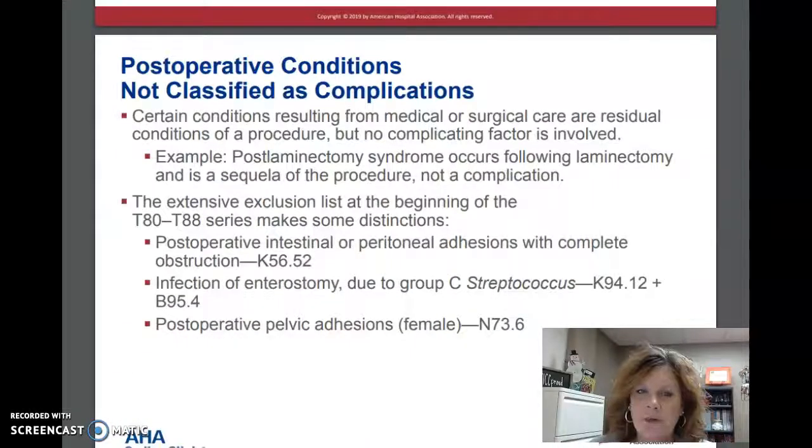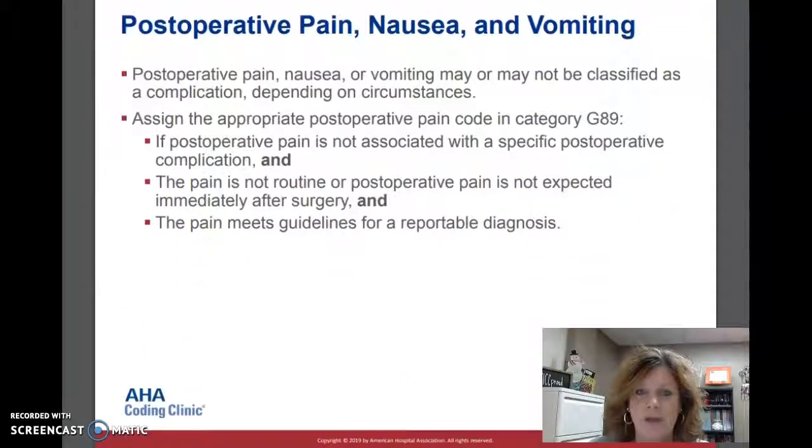Okay, so we also have postoperative conditions that are not classified as complications. These would be a post-laminectomy syndrome that occurs following a laminectomy. It is a sequela of the procedure, not a complication. So again, make sure you distinguish between the two of them.